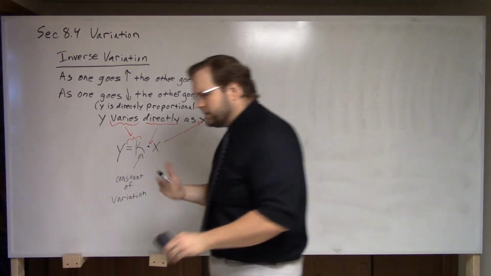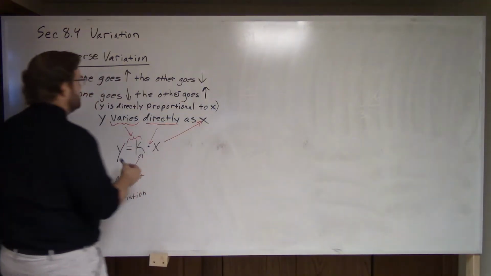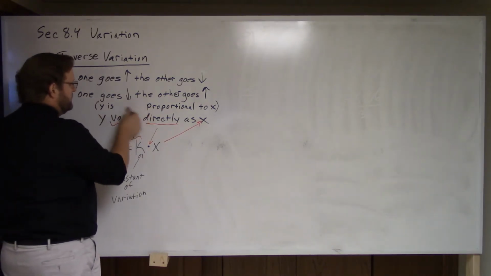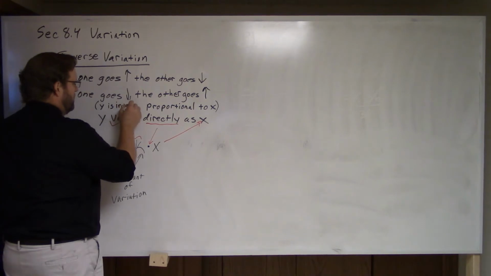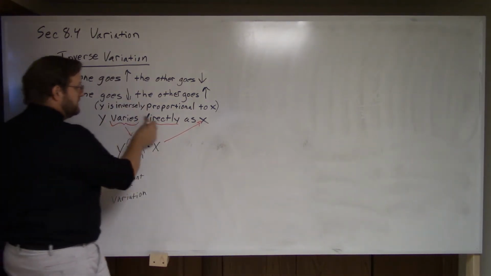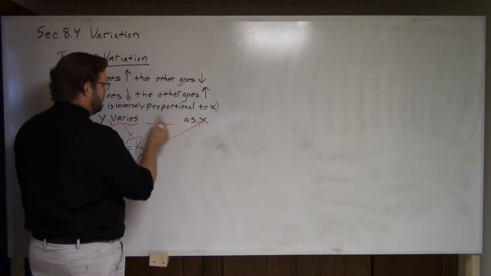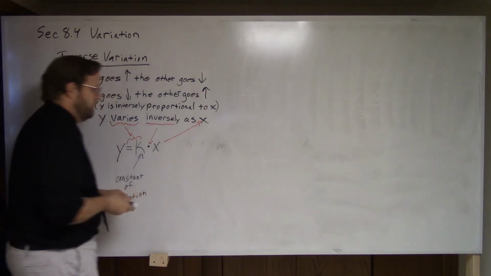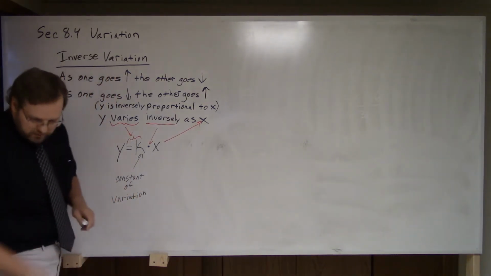Okay, now how is the phrasing going to work out? It could say y is inversely proportional to x, or it could say y varies inversely as x. Now the translation is going to be different.